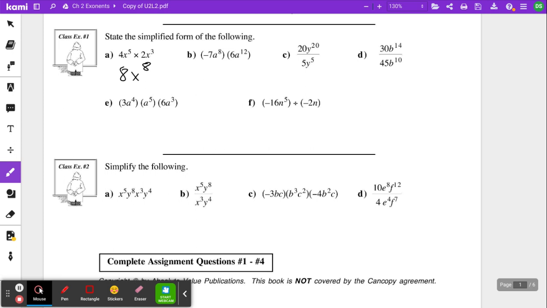Yes. 42? 42? Negative 42 what? 20. Excellent. Okay. Who's back there? Sophie, what about C? 4 y to the 15? Yes. Okay, D.